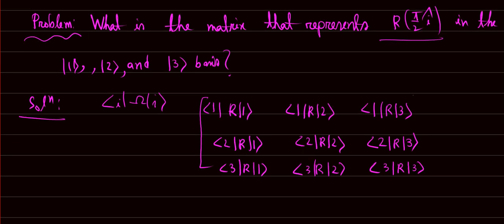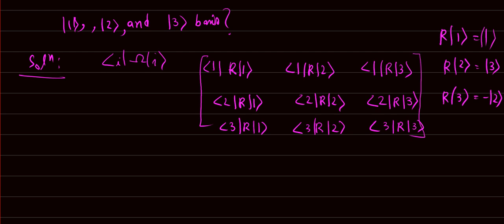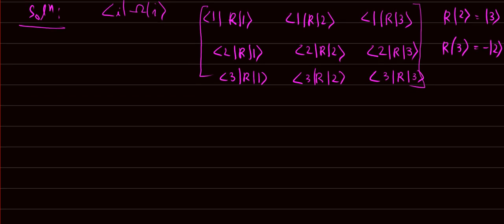So this is the whole matrix of the rotation operator, and we know the action of the rotation operator on the unit vectors like this. So if we apply this, we'll find that this one will be 1 inner product with 1. This one will be 1 inner product with 3.